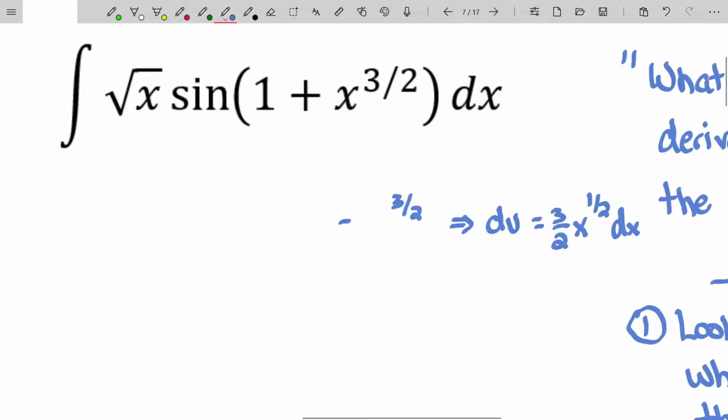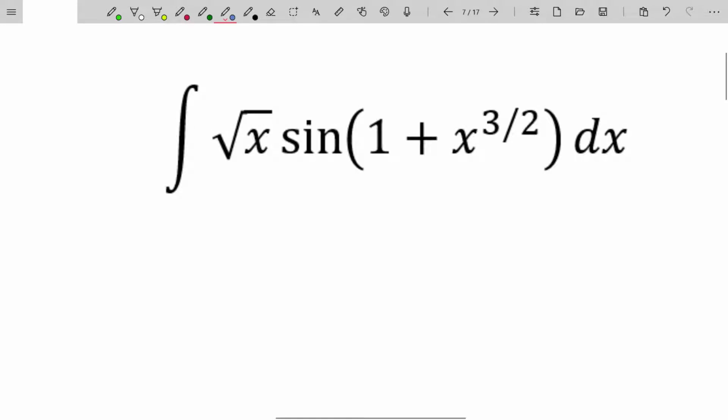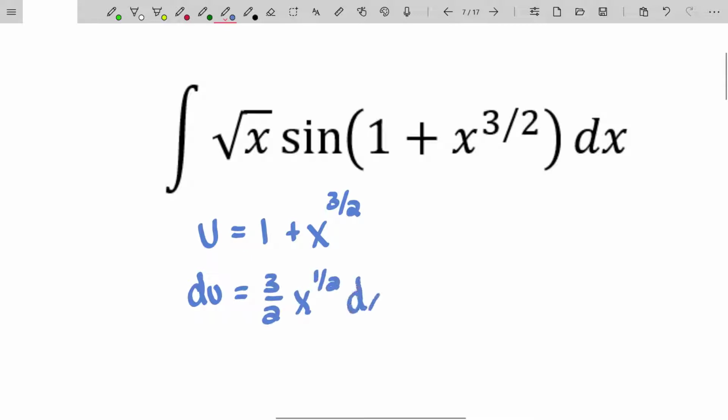In fact, the largest expression I could do a U sub for is everything that is the argument of the sine. If you take the risk, it might be worth it to say let U equal 1 plus X to the 3/2 power. If you do that, du is still 3/2 X to the 1/2 dx.